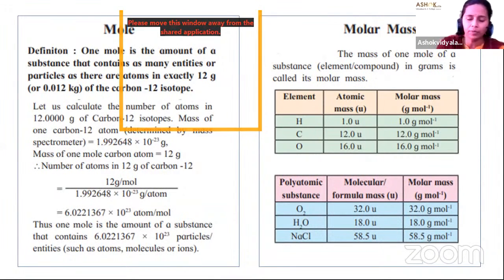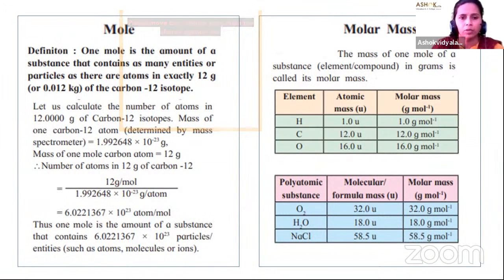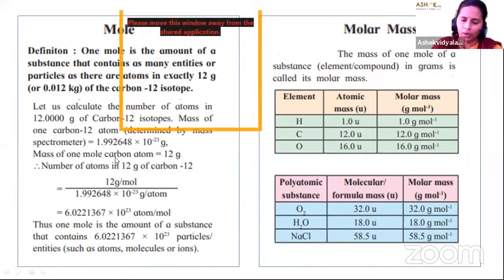So it is related with 12 gram of carbon. The calculation is again easy here. We want two pieces of information. First, the mass of 1 mole of carbon atoms is considered as 12 gram. So 1 mole is equal to 12 gram.